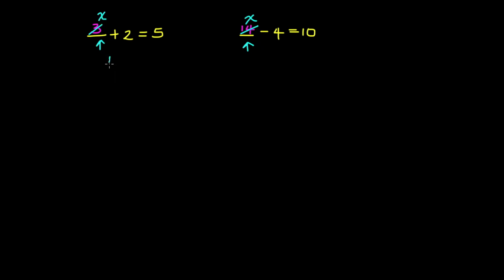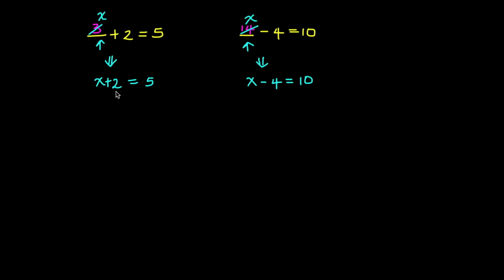And this whole equation could be written with a variable as X plus 2 is equal to 5. Similarly, in this example over here, you would have X minus 4 is equal to 10.